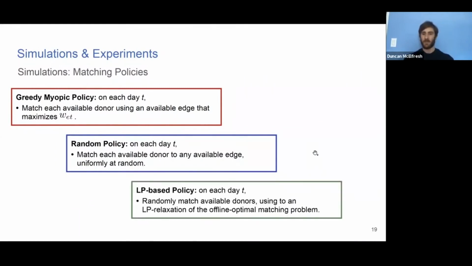And we also have a somewhat more clever LP-based policy. This is based on the linear relaxation of the offline optimal matching policy. If you want to learn more about that, you should read our paper. And the LP-based policy basically randomly matches donors in a more clever way than greedy or random.